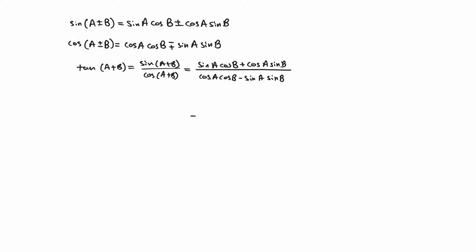Now we're going to do something interesting. We're going to divide every term by cosine A cosine B. And we can do this because we're doing it to every single term.